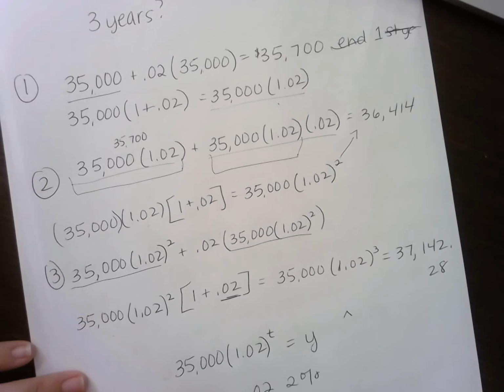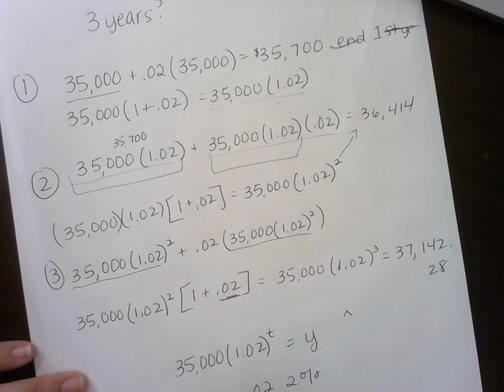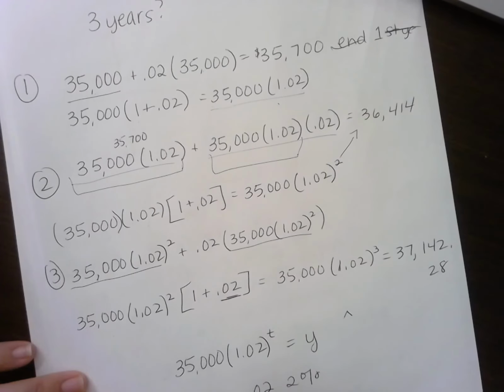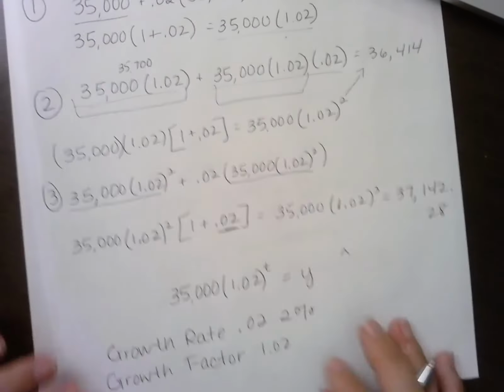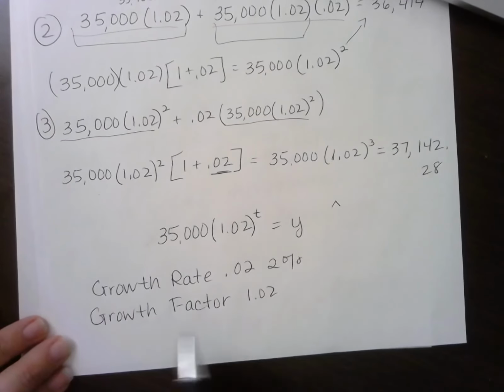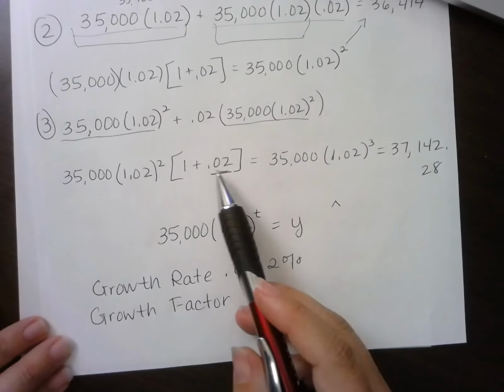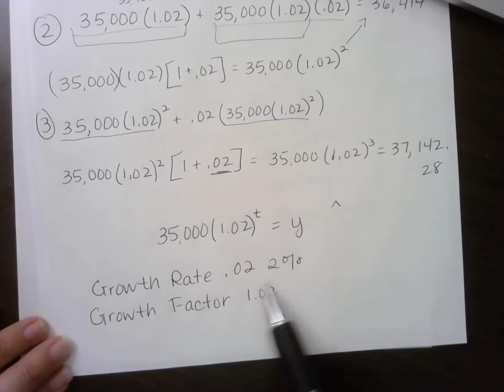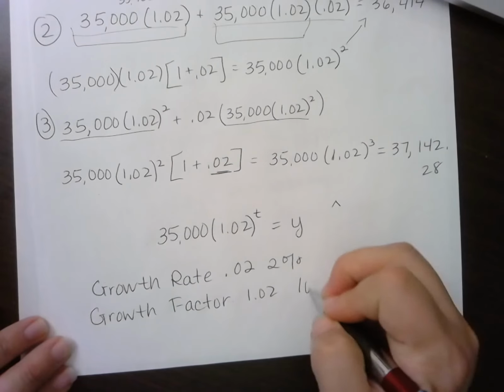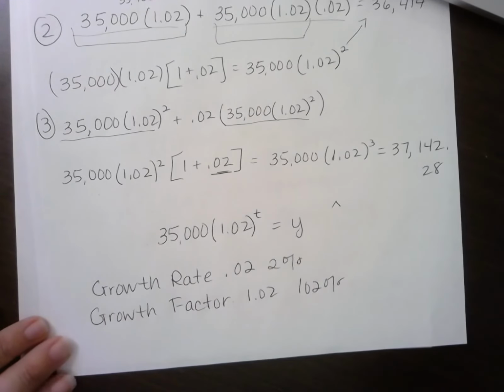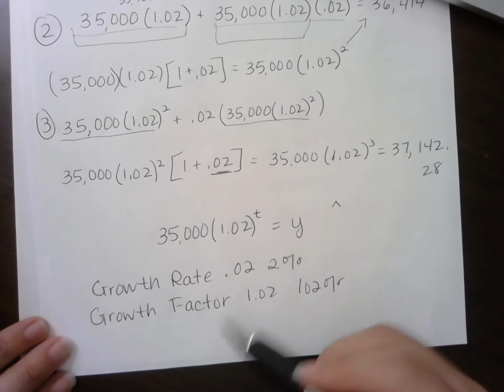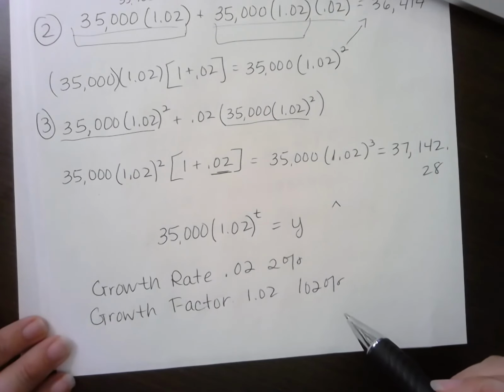My growth factor would be the 1.02. So my growth rate would be the 0.02 or 2%. My growth factor would be 1.02 or 102% basically of the previous one, right? That means it's more than what I started with.